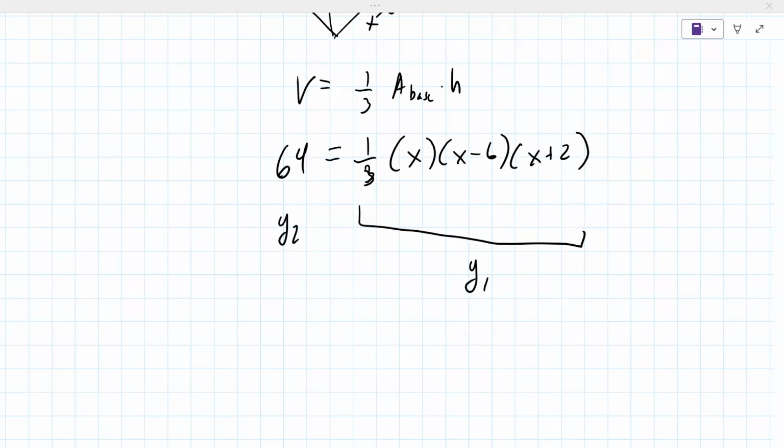Let me intersect. So x equals 8.264. 8.264. Yeah, with the rounding.